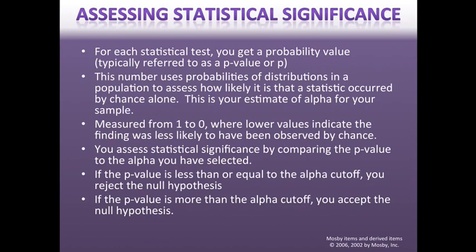Okay. So there's a few things for thinking about these p-values in statistical tests. So for each of these tests that you're going to be doing for inferential statistics, and testing hypotheses, you're going to get a p-value, right?